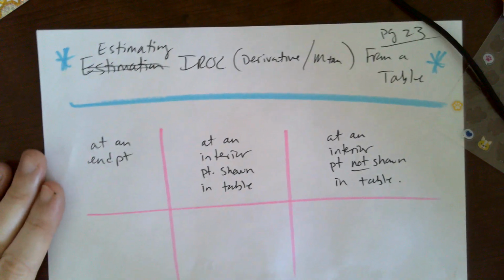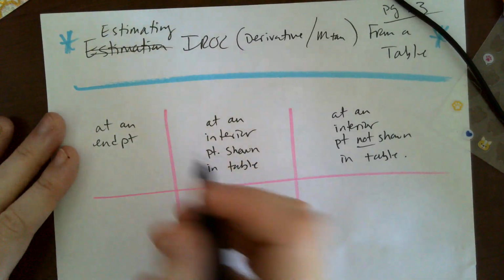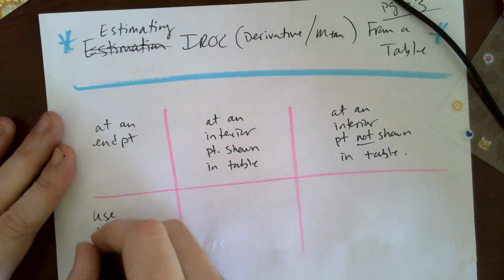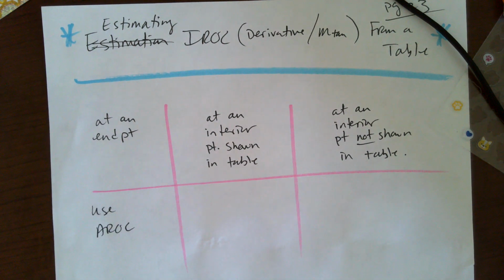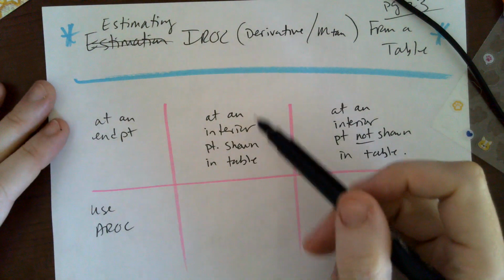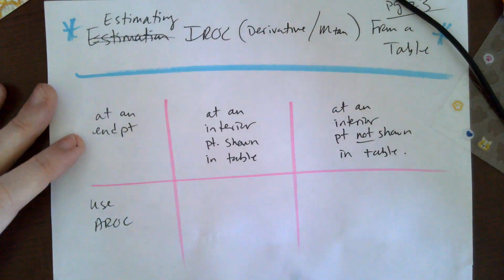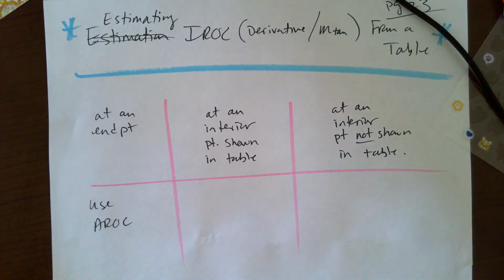At an endpoint, you're just going to use AROC to estimate. If you're doing an interior point that is shown in the table, you will actually have 2 AROCs to choose from. If there's more than one AROC that you could use, then you want to average them.